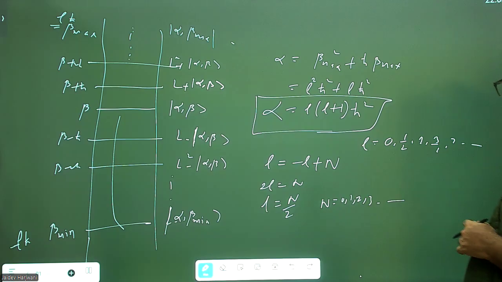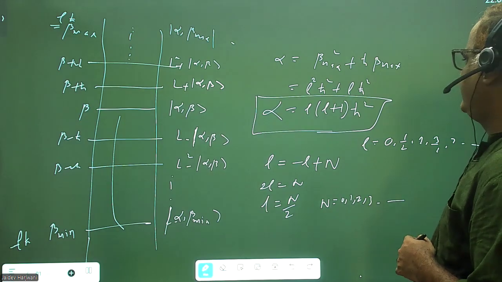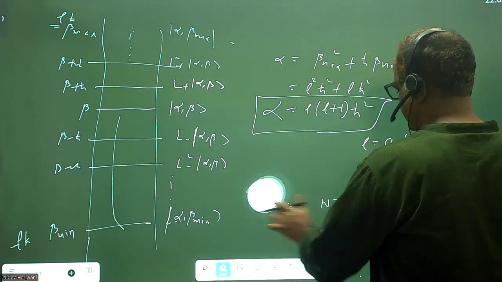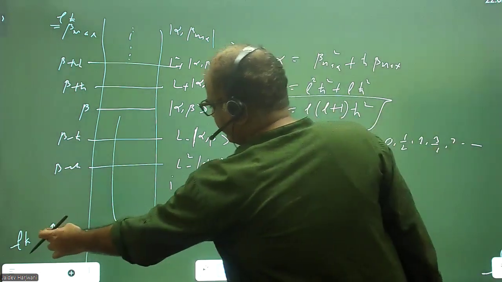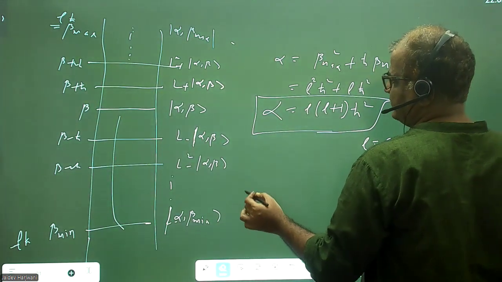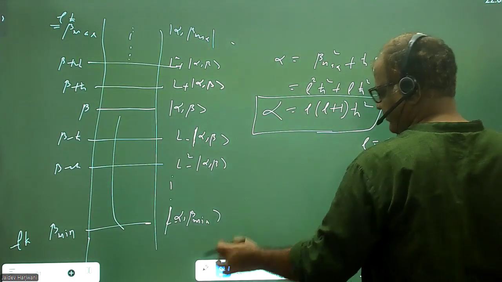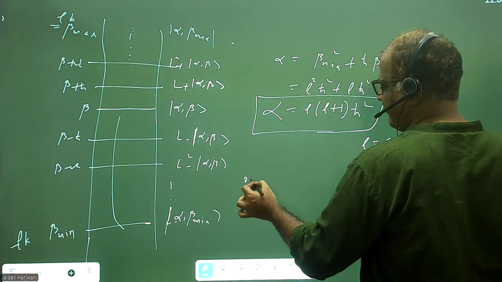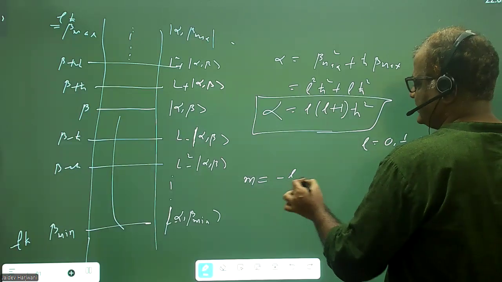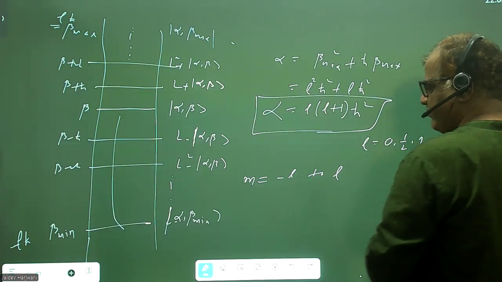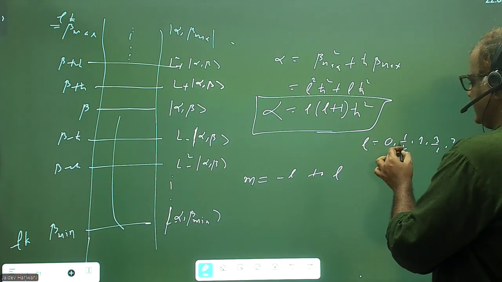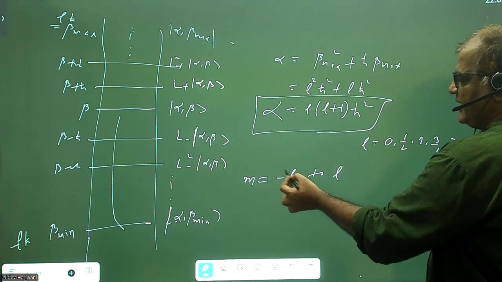This is my values of L. And now beta, we told beta can take value from minus L to plus L. I define beta by M. I say beta is M h cut, and it can take value from minus L to plus L. For example, if L is half, then M will be minus half, plus half.